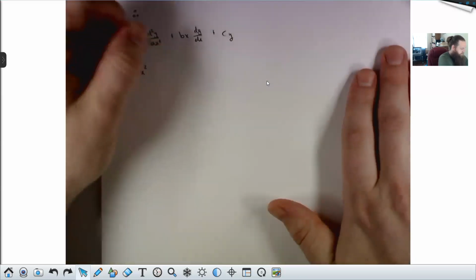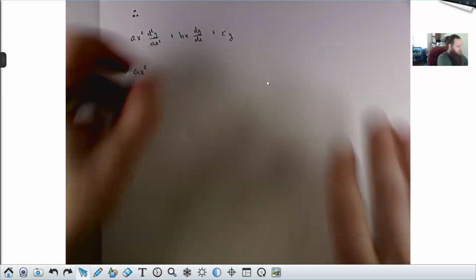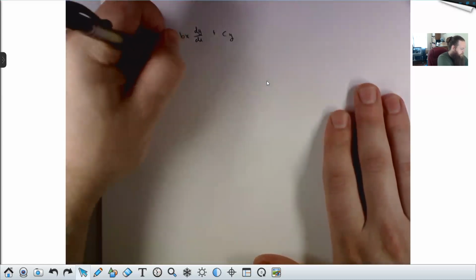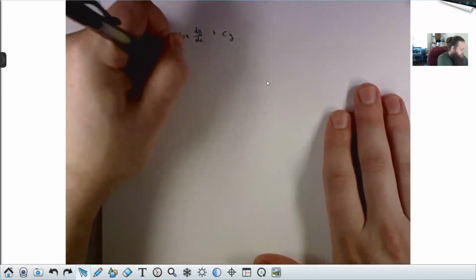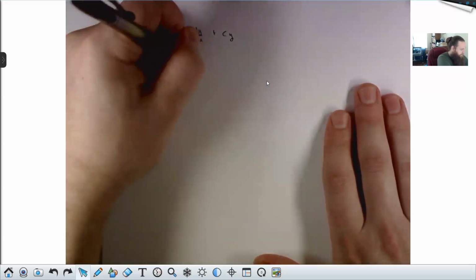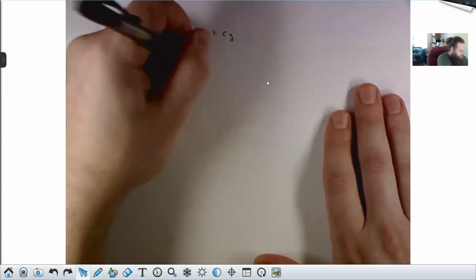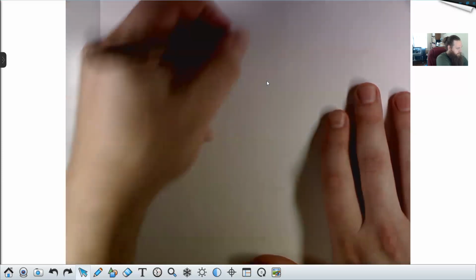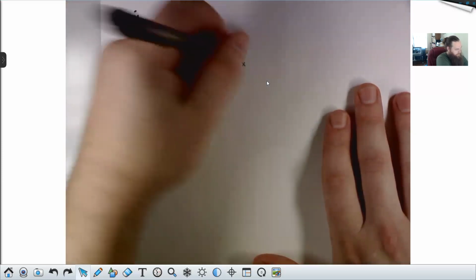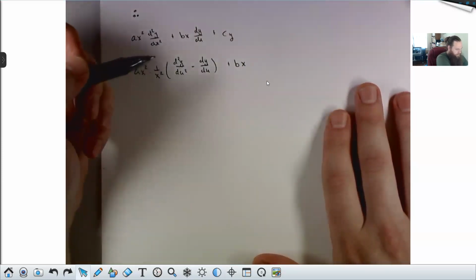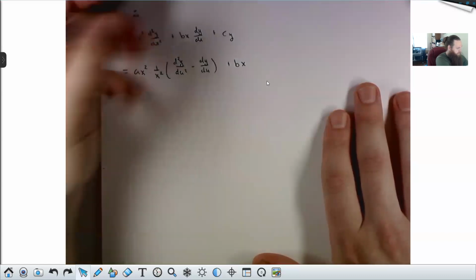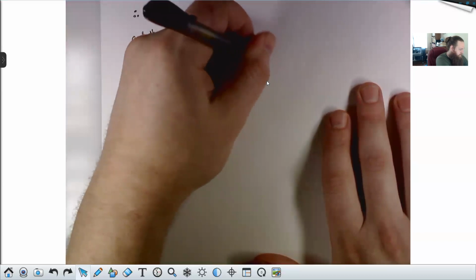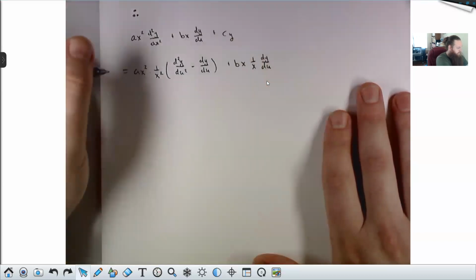So this piece right here is 1 over x squared times the second derivative of y with respect to u minus regular old dy/du. And then you've got plus bx times dy/dx. Well, dy/dx was 1 over x times dy/du.